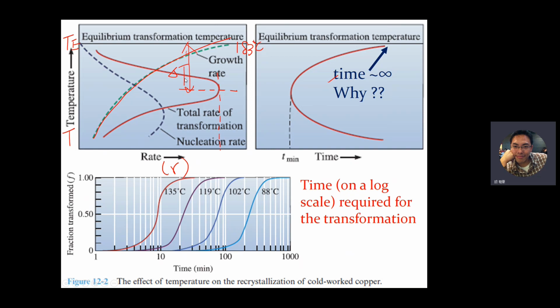So we have to figure out the nose. It's called the nose. And then you can find out how long it's gonna take to reach the fastest transformation rate.